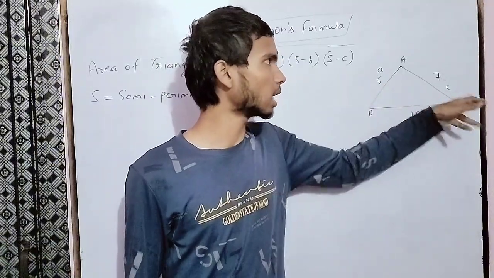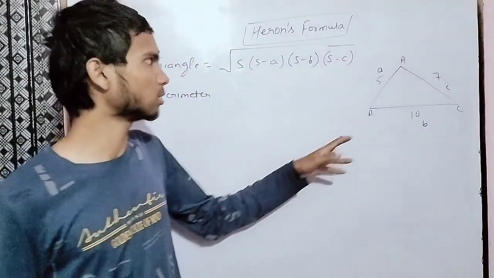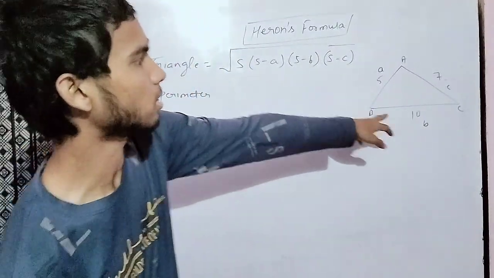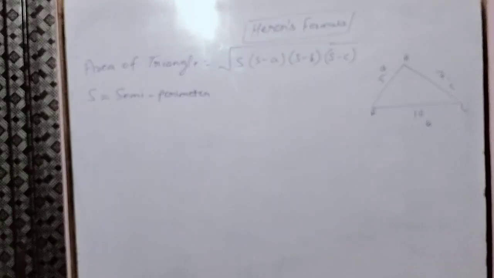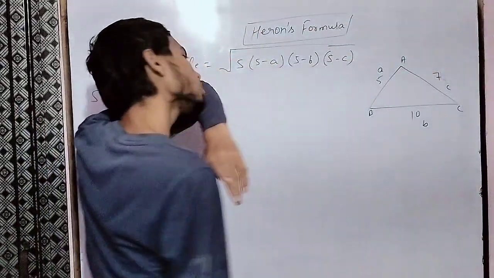This is 5, this is 10, and this is 7. The total will be 22. So 22 is the perimeter. Perimeter is also known as the total distance around.